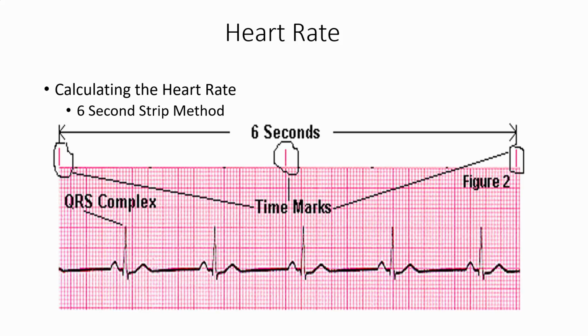And then do I have a P wave before every QRS complex? And as you can tell right here, here's a QRS complex, here's P wave, QRS complex, there's a P, QRS, there's a P, QRS, there's a P, QRS, and then there's your P. Okay. So that's what you're looking for when I say you analyze the P waves.